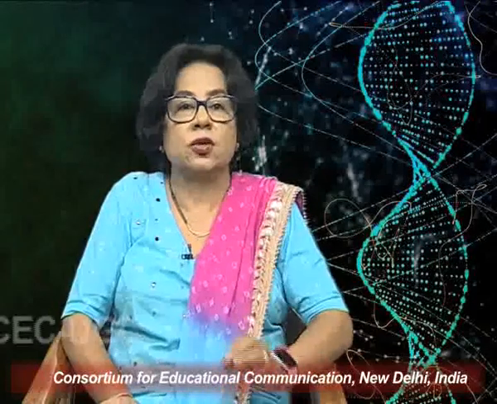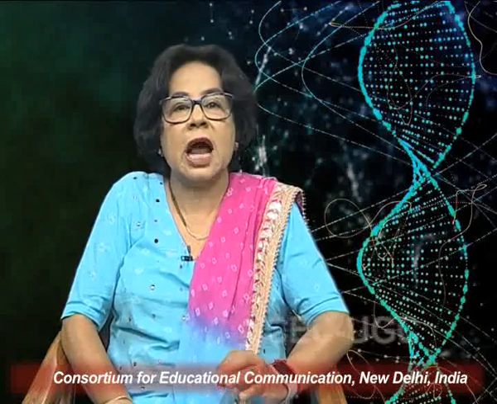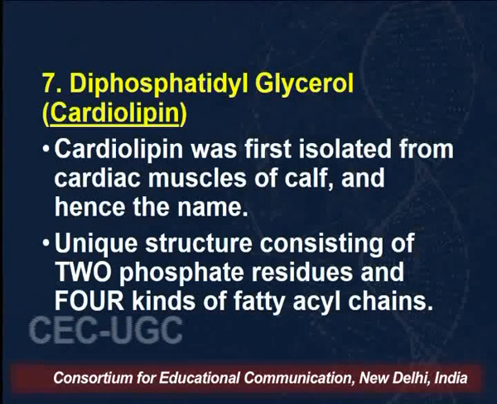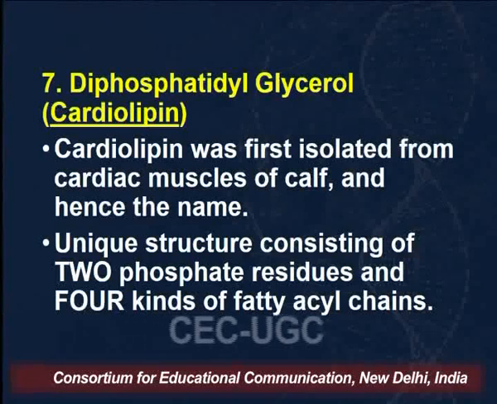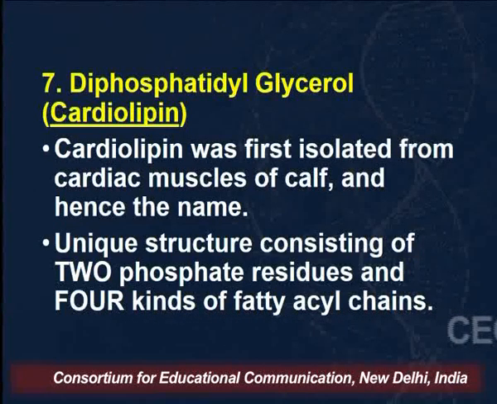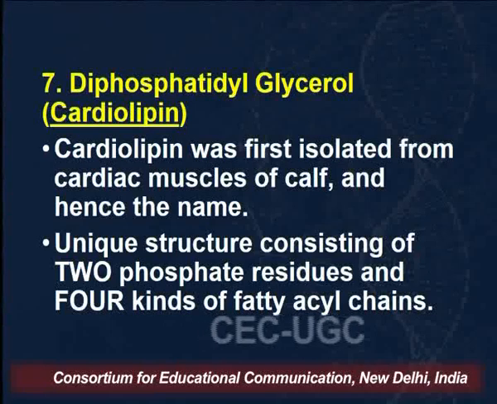Now, the next very important phospholipid is diphosphatidylglycerol. It is also known as cardiolipin. Why is it known as cardiolipin? Because it was first isolated from cardiac muscles of calf, and hence the name cardiolipin. And it has a very unique structure.